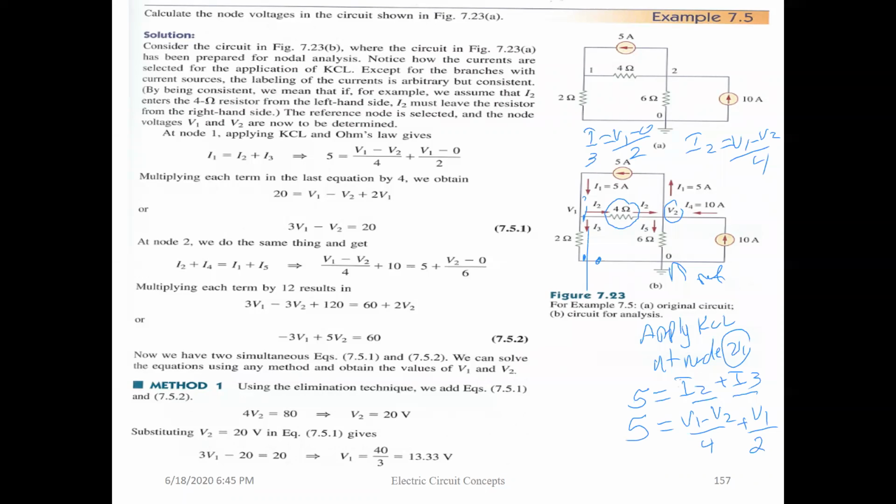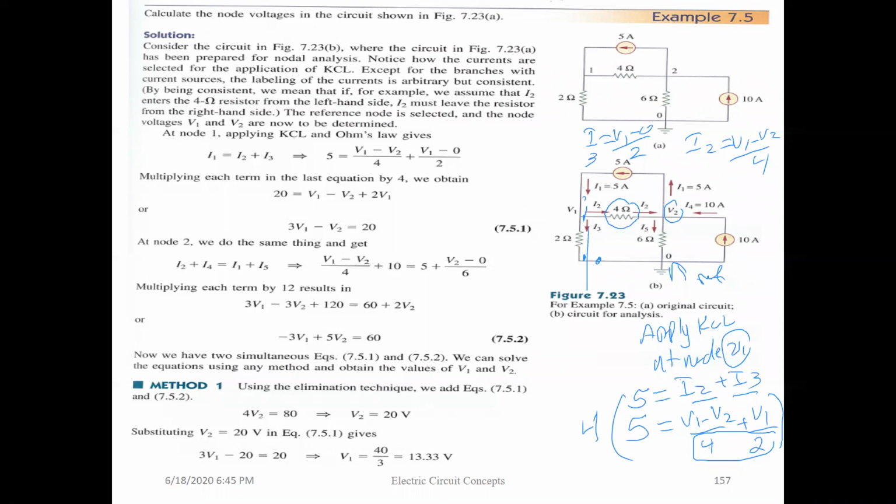Now again, don't keep this fraction. We need to get rid of the 4 and the 2 by having a common number. What is the common denominator? It will be 4. So if we multiply both sides of the equation by 4, I will get rid of the 4 and the 2.